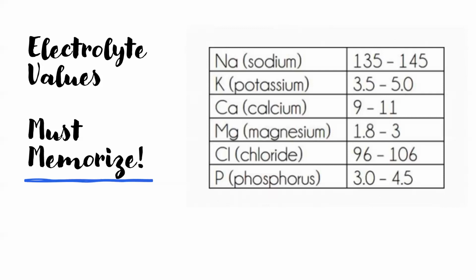The manifestations of a patient with hyponatremia: they may be weak, lethargic, confused, they may have seizures, headache, anorexia, nausea, vomiting, muscle cramps, twitching, hypotension, tachycardia, weight gain, and edema.